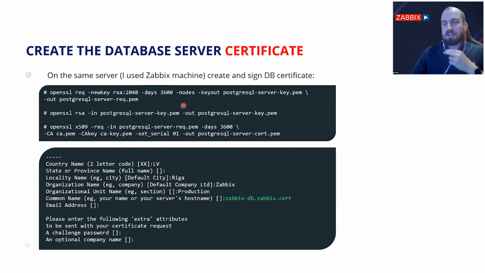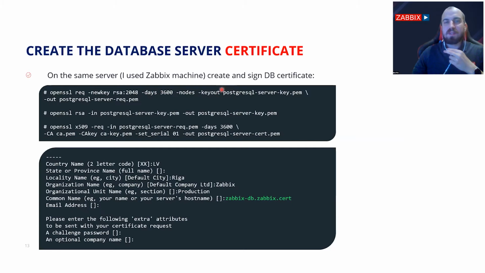Days in this case is 10 years, which is maybe a bit too much. Certificates should be generated more often, but it's up to you. So use something which your environment requires. If it's dev, of course, 10 years, why not? If it's production, then make sure to update certificates at least on a yearly basis, as they usually are.